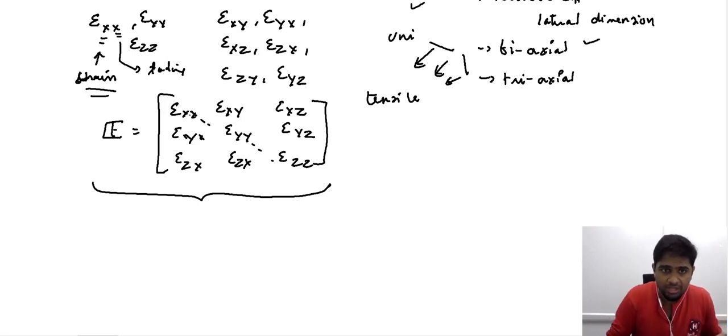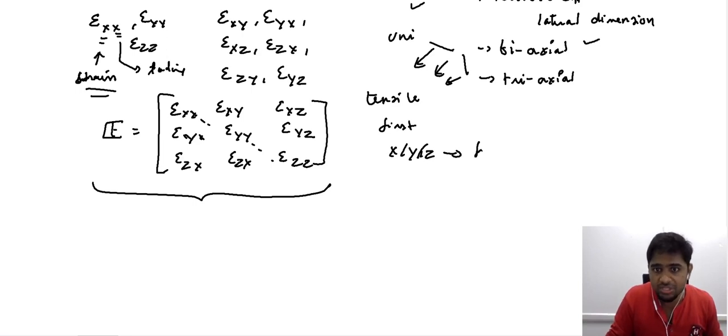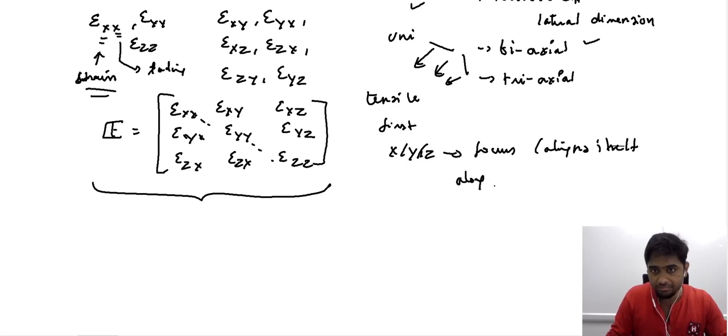So even though this representation is characterized by 2 different subscripts, the first subscript, x or y or z, aligns itself along a specific direction.